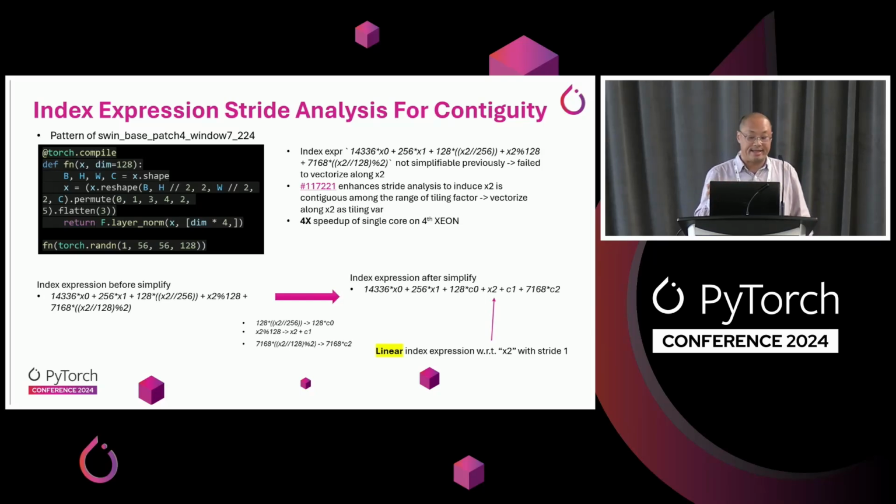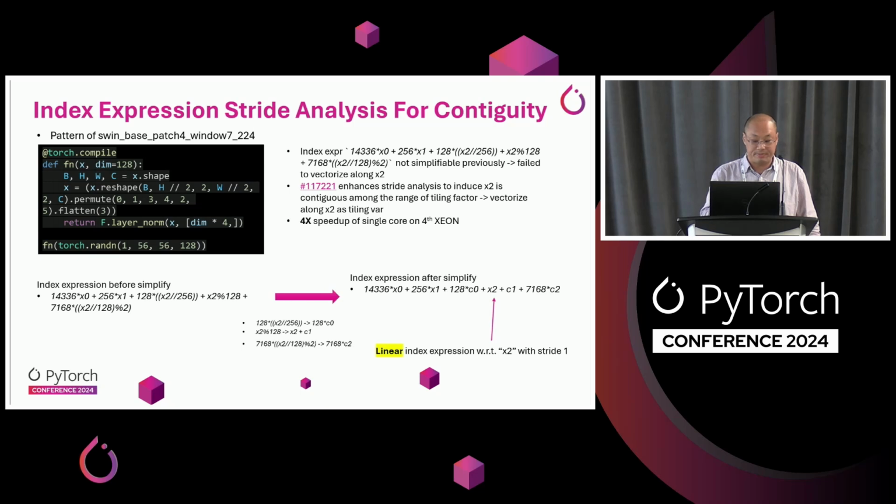More complex cases involve nonlinear expressions, including the floor div and modular indexing that I have introduced. These index expressions arise from reshape and slicing operations, etc. In some cases, we can still simplify these expressions and make vectorization possible.